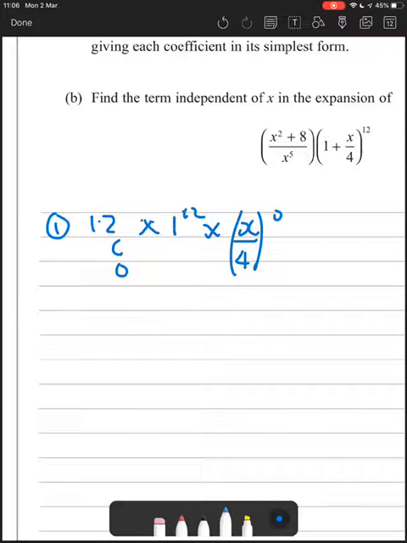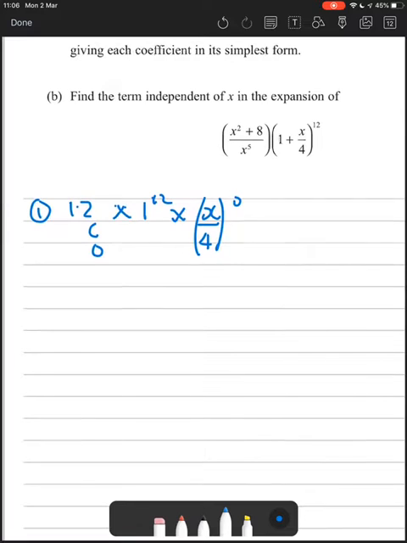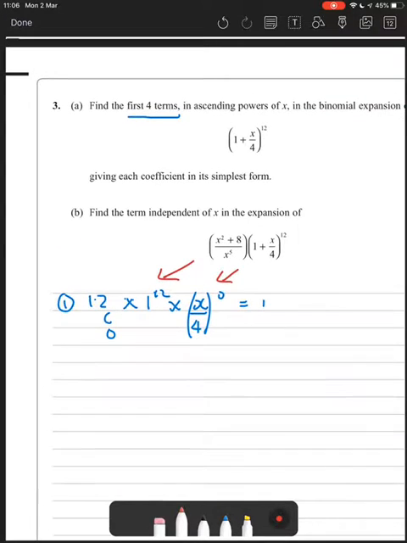Now, I'm sure we all know that each one of those actually is 1, so we can just write 1 here. Writing it like this, we can look at the indices 12 and 0, and of course they add up to 12, which is what the index is on our expansion. So that's an important little check that we can use to see whether we're doing it correctly, because we'll have a little pattern going on.